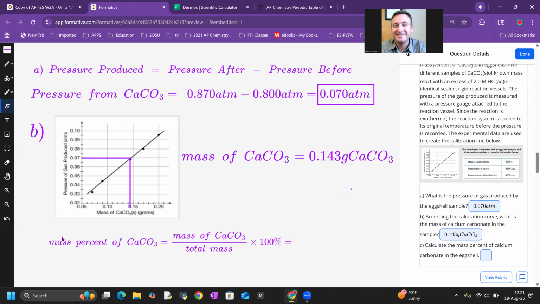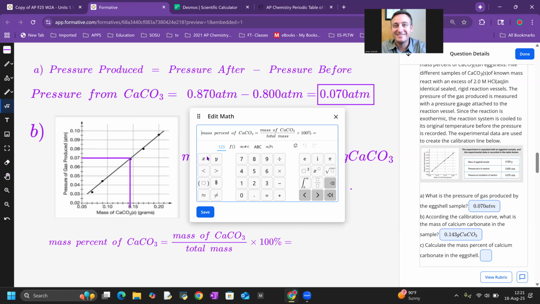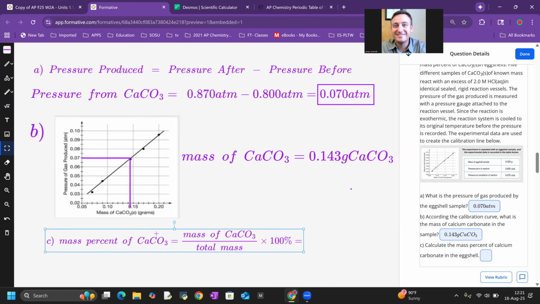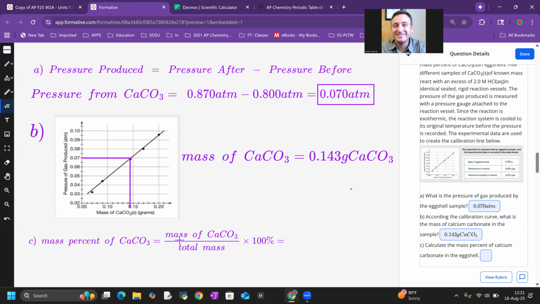And this shouldn't be new stuff to you, because you've done mass percent calculations before, and basically you're figuring out the mass of the part divided by the mass of the total times 100. And so that's what's here. We're interested in the mass of just the calcium carbonate divided by the total mass of the eggshell. And so we have both of those values now, and we just plug those in.